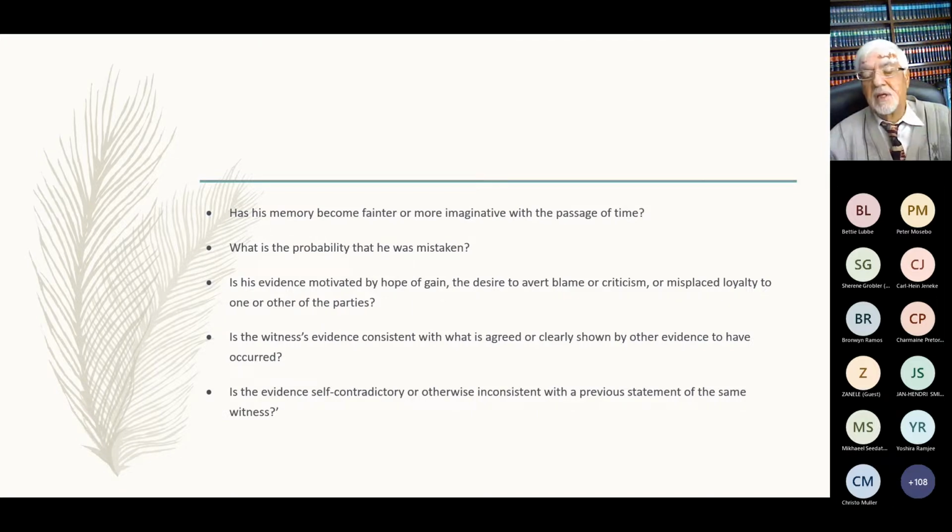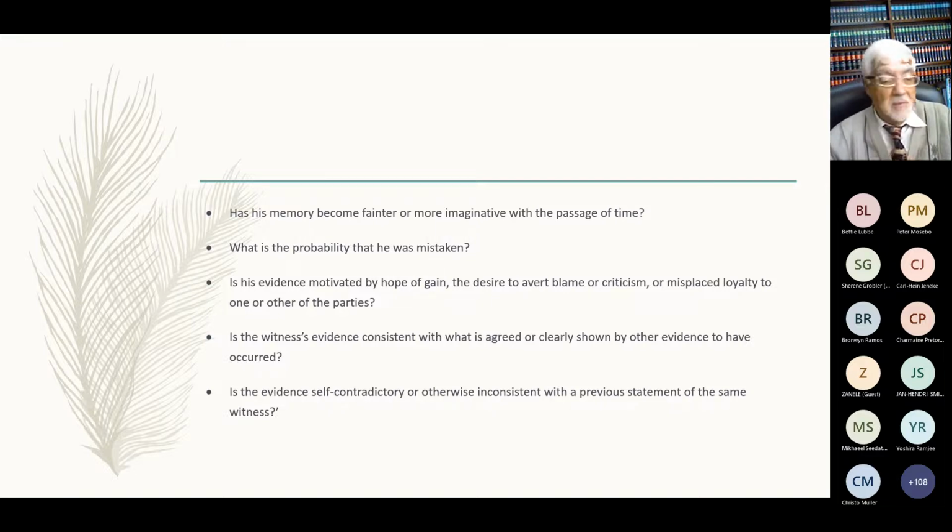For example, the evidence establishes that on that day the robots were working. The witness comes and says the robots were not working that day. So it's a contradiction of an established fact. The court disbelieves it. Is the evidence self-contradictory or otherwise inconsistent with a previous statement of the witness?